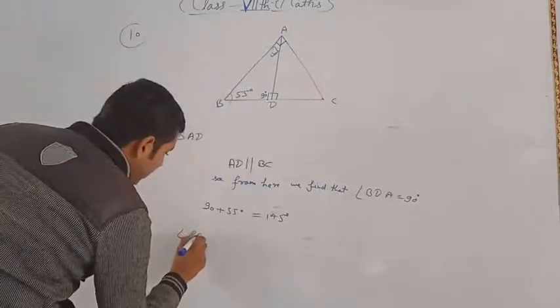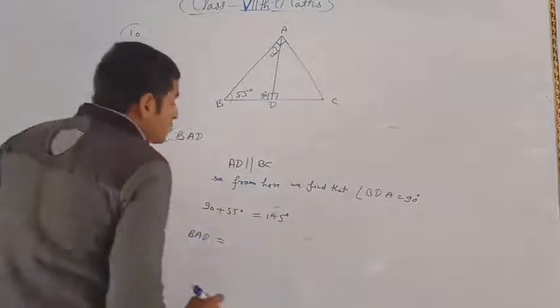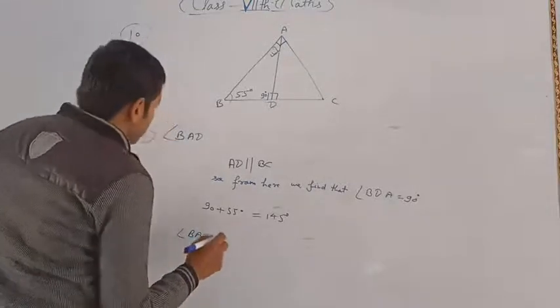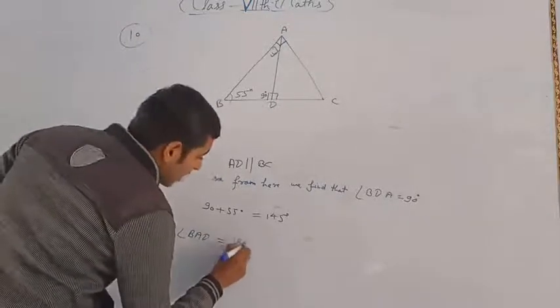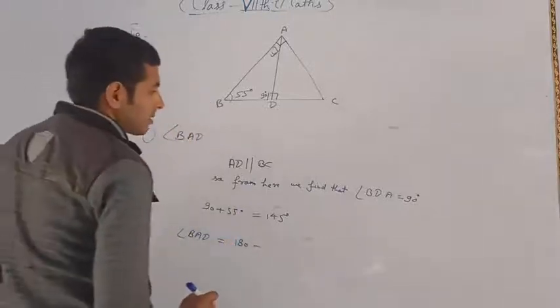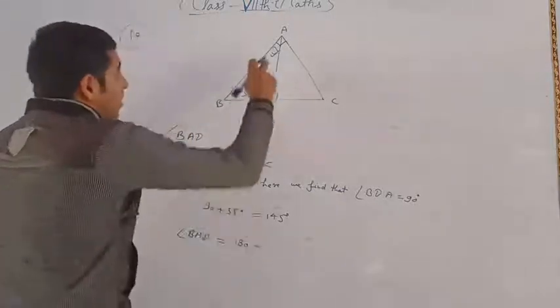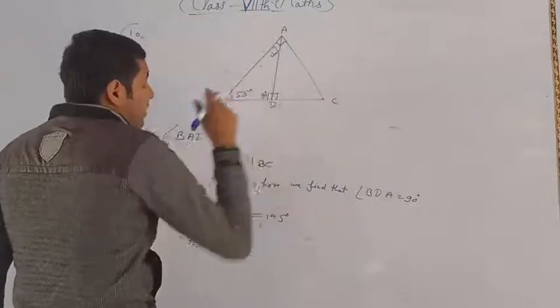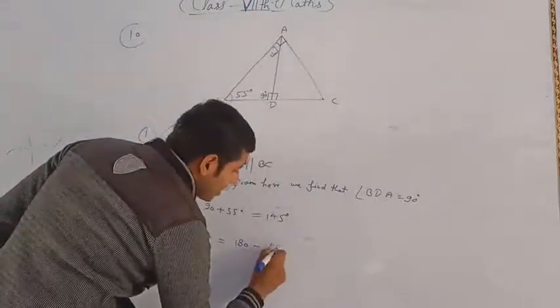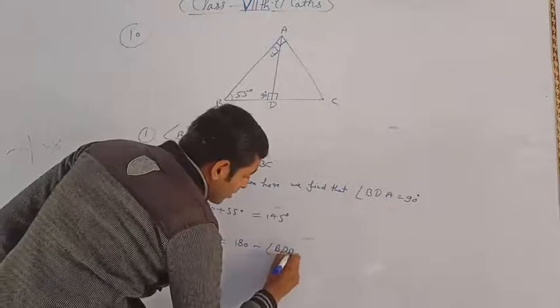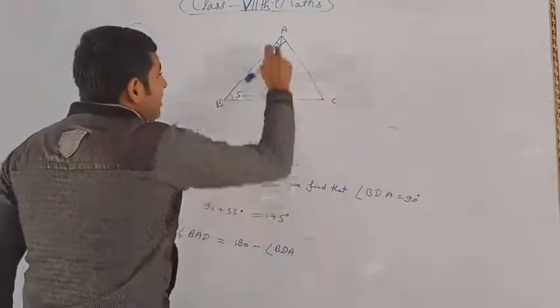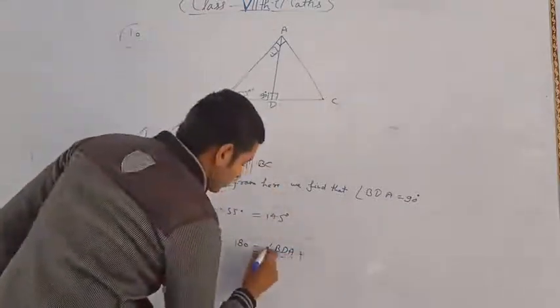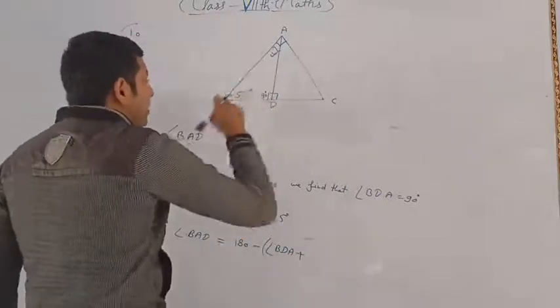Angle BAD is equal to 180 minus angle BDA plus angle ABD.